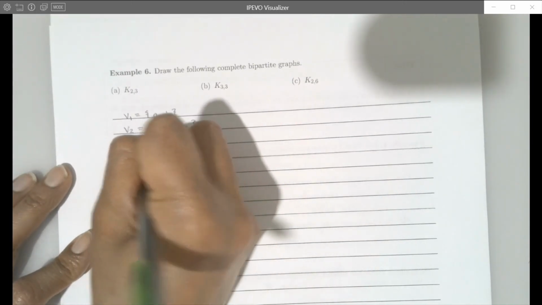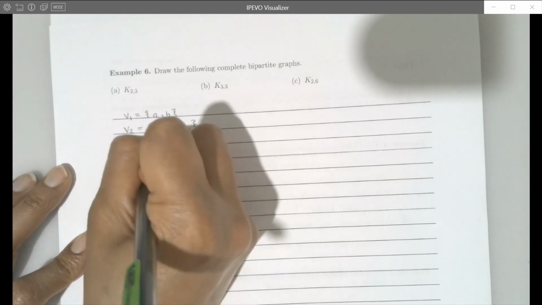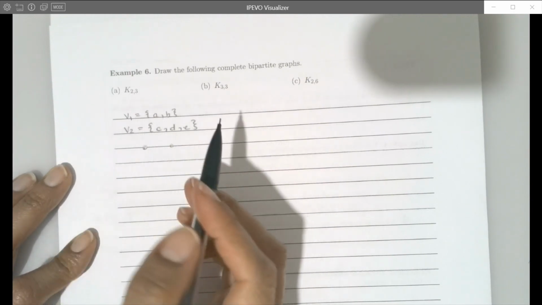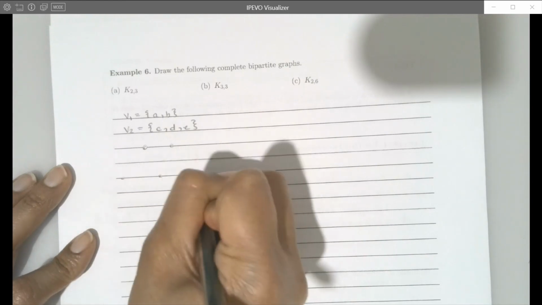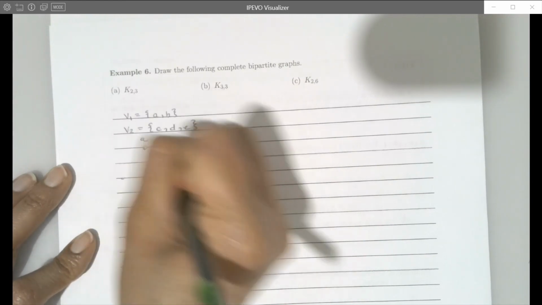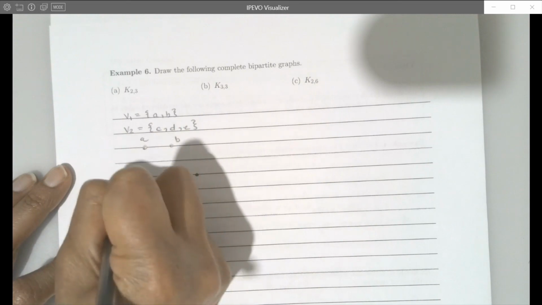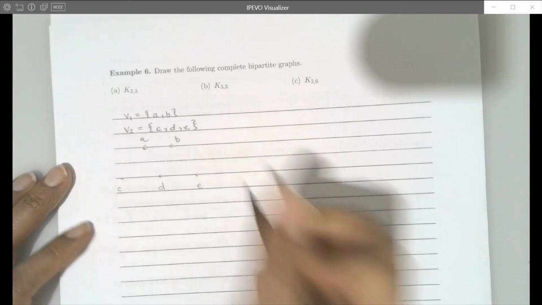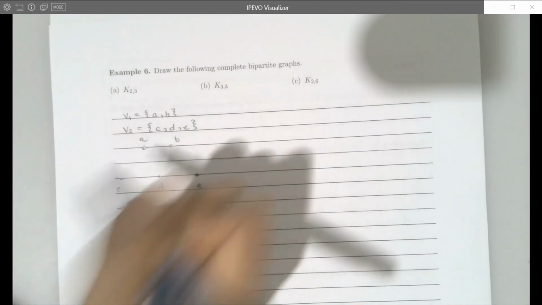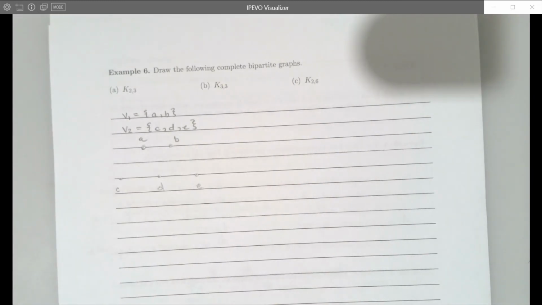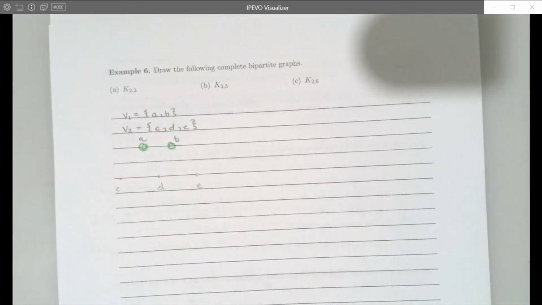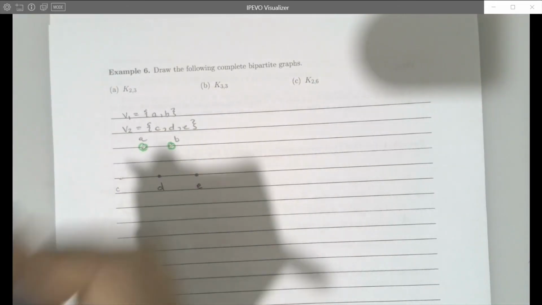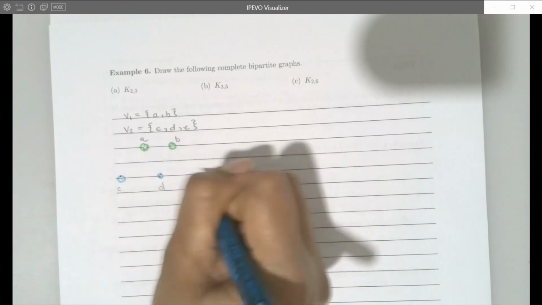And to draw the graph, let me just first draw the 2 nodes that are part of V1 and the 3 nodes that are part of V2. This is A, B, C, D, E. And because this is bipartite, let's go ahead and color code. The nodes that are part of V1 will color code green, and the rest will color code blue.